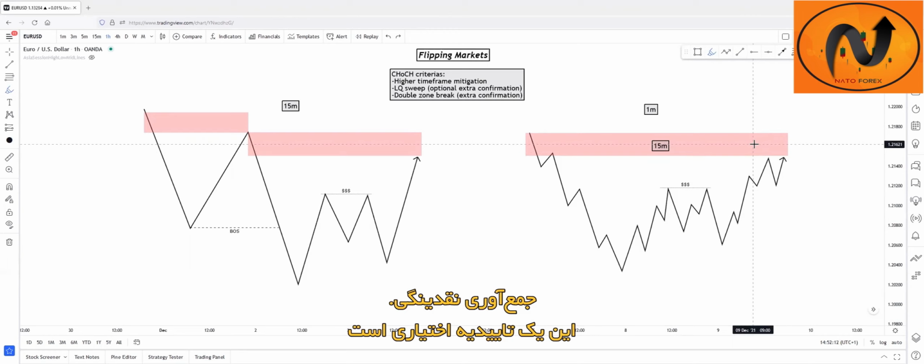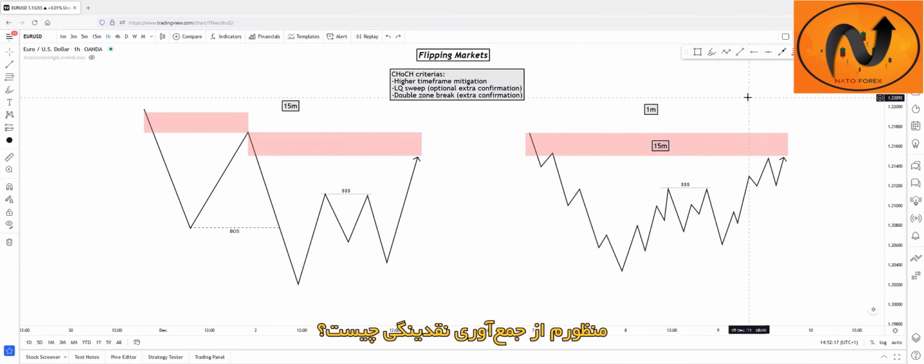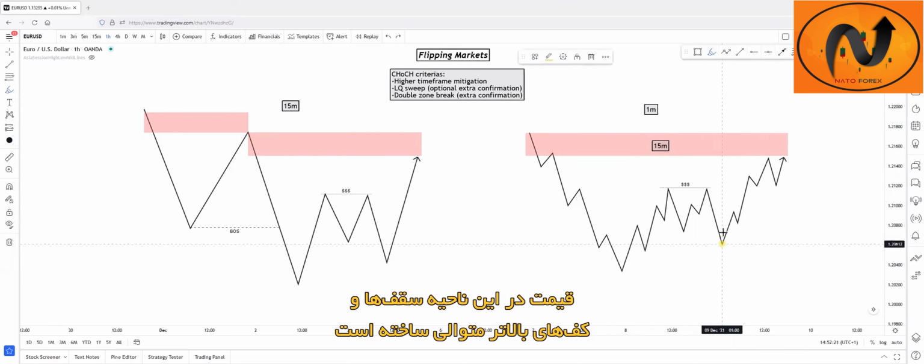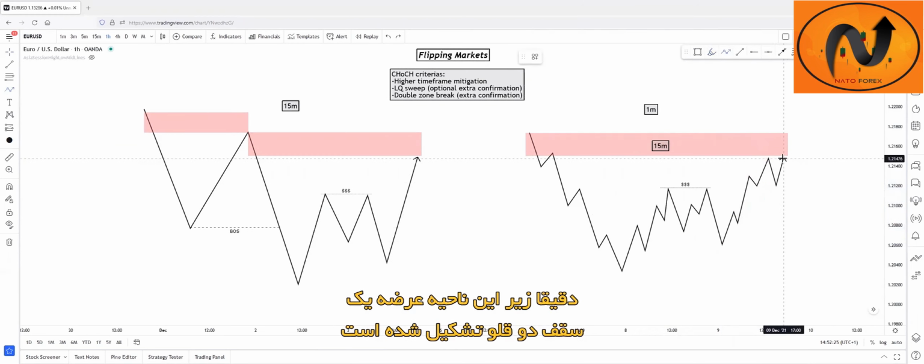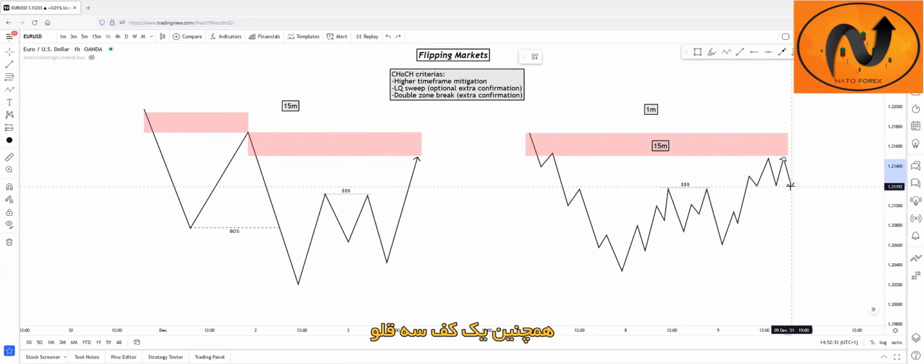Liquidity sweep. It's an optional extra confirmation. So what do I mean by liquidity sweep? As you can see, price created a series of higher highs and higher lows here in this region, and just below the supply zone, price created double tops and also triple bottoms.